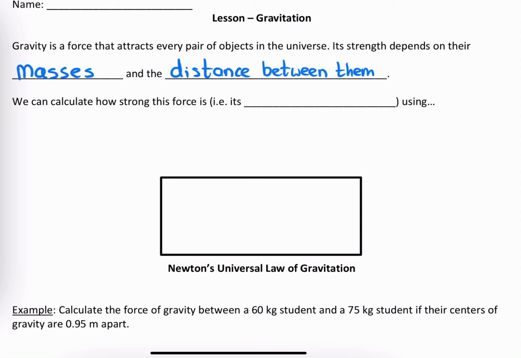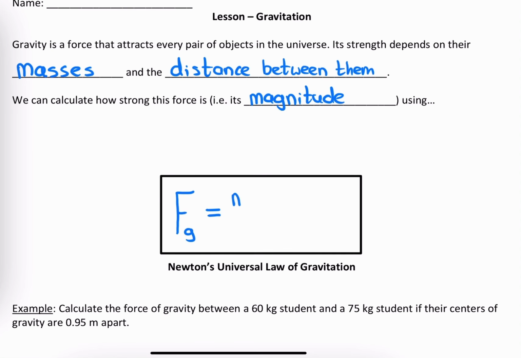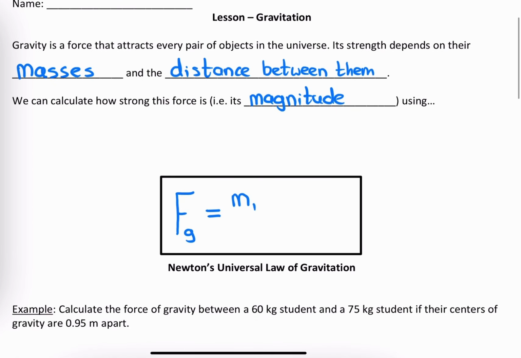If we want to calculate how strong a gravitational force is, in other words, we want to know its magnitude, we use Newton's universal law of gravitation, which looks like this. The magnitude of the force of gravity between two objects is m1 m2 big G divided by r squared.